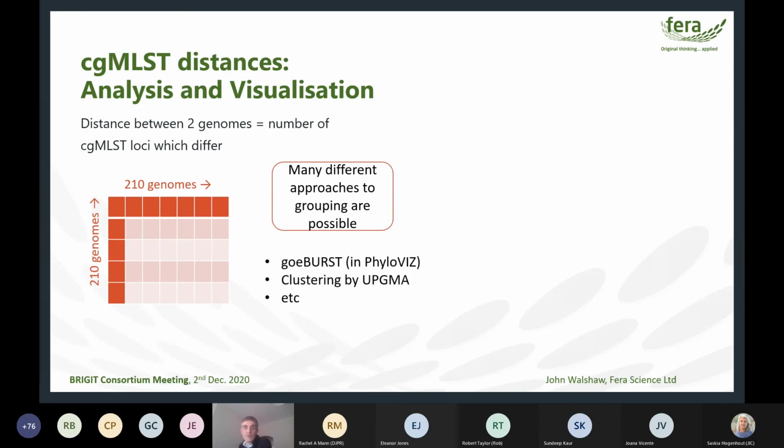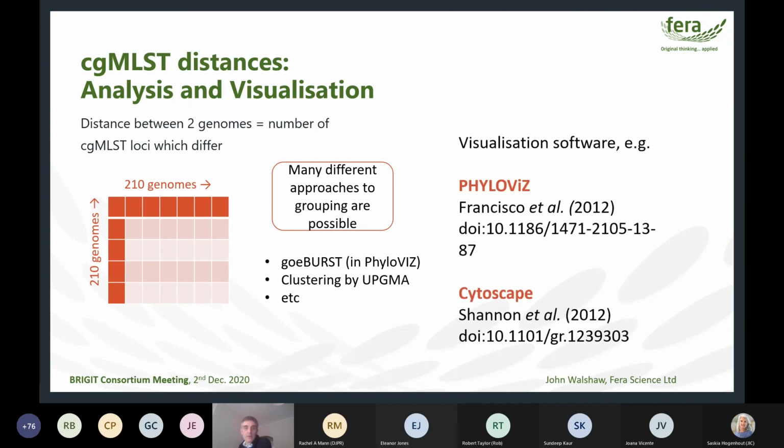All I'm going to say is I've used a not particularly sophisticated method. It's standard clustering, UPGMA, to turn that into a network. And also a bit of work involved in getting this data into this software. There's a variety of software that you can use. I prefer Cytoscape. I think it's very versatile in terms of representing this information.